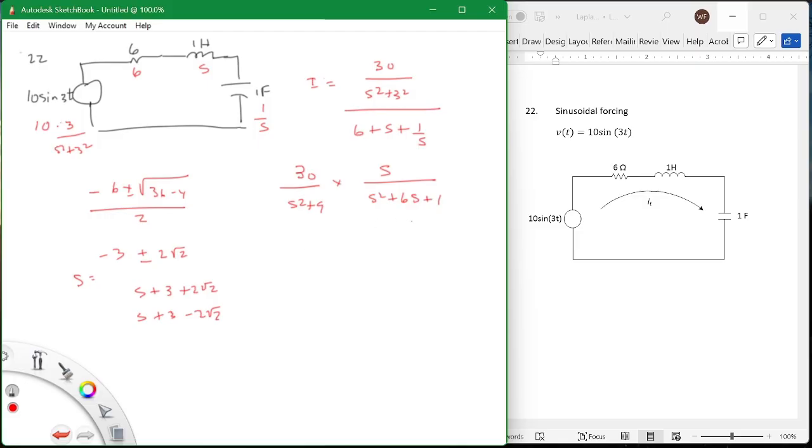This part is easy. It's A over s plus 3 plus 2 square root of 2, plus B over s plus 3 minus 2 square root of 2.